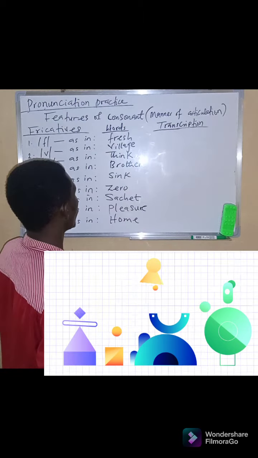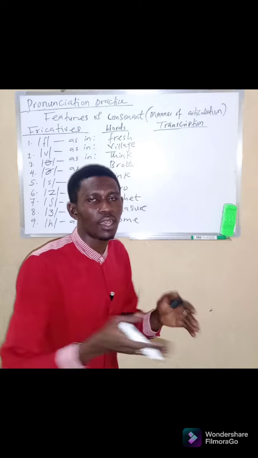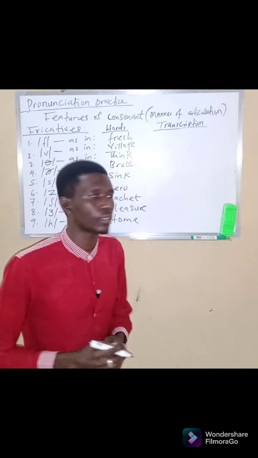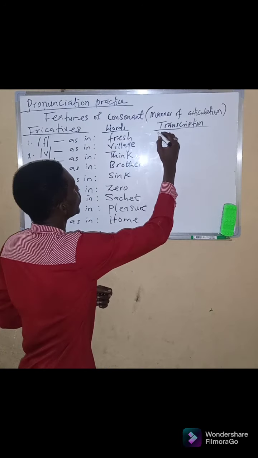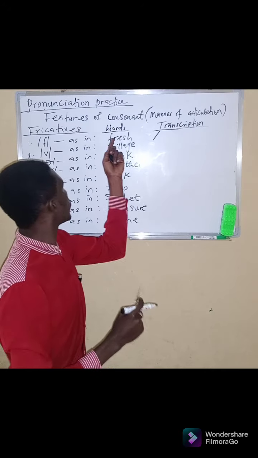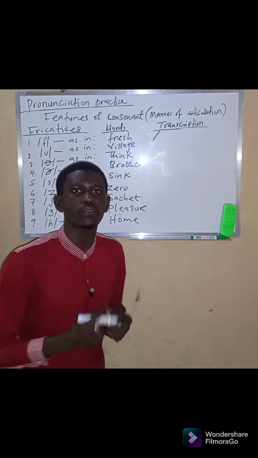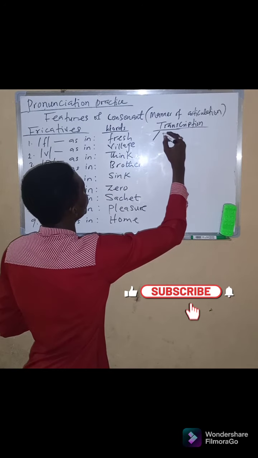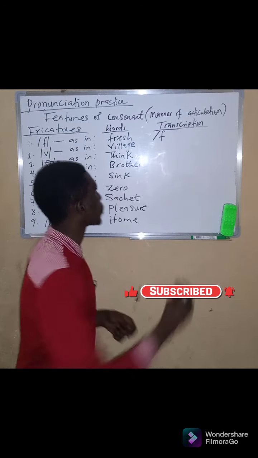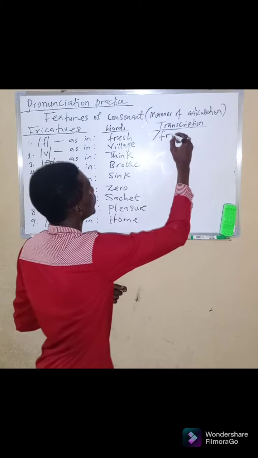This is exactly what I'm talking about. Remember, the first thing that differentiates an alphabet and a phonetic sound is the presence of the slanted line. So the first thing you do is to open the slash, and in the word fresh, the first sound we hear or observe is the f sound, followed by the r sound, then followed by the vowel e.